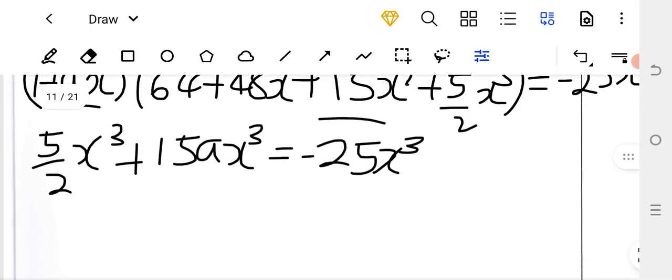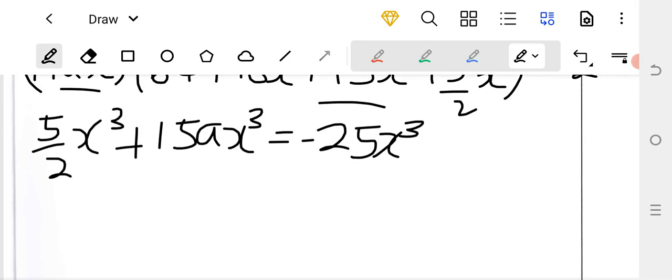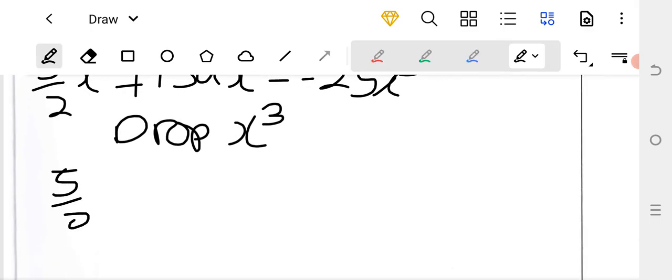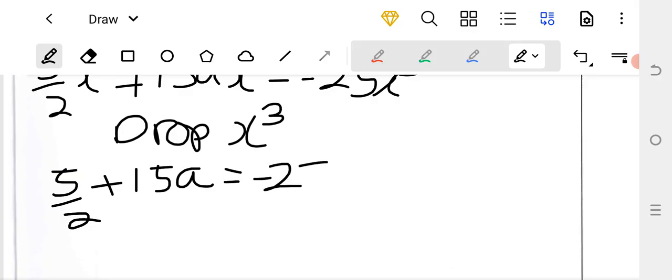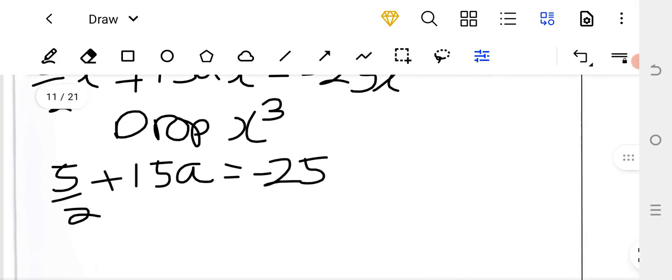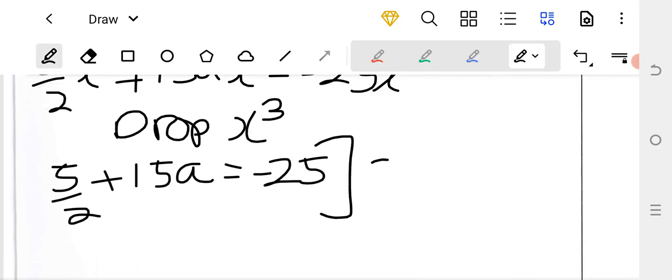At this stage we are going to drop x cubed, so it's going to be 5 over 2 plus 15a is equal to negative 25. Then multiply throughout by 2.